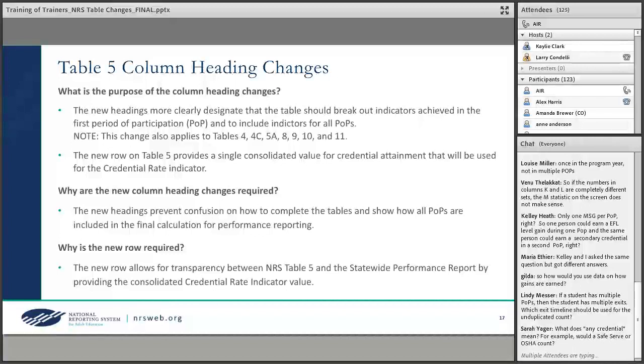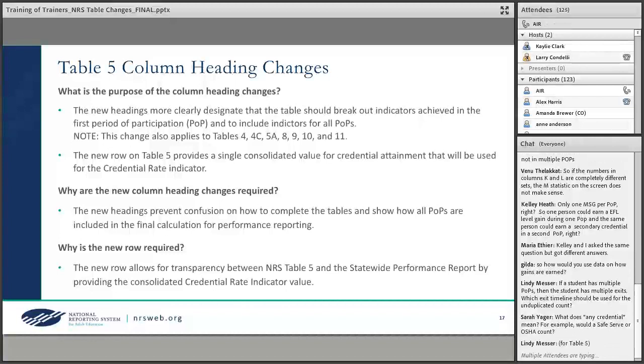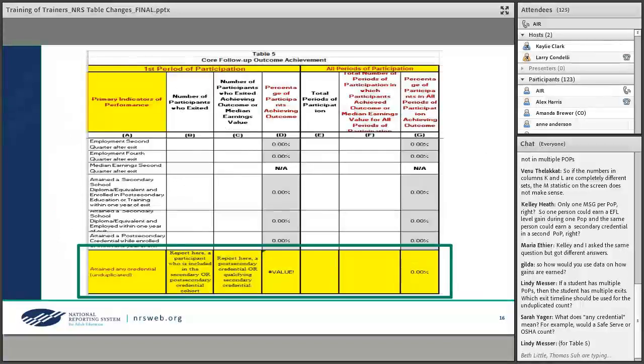Okay. Lindy asked, if a student has multiple POPs, then the student has multiple exits. Which exit timeline should be used for the unduplicated count? Well, the first enrollment is the first POP, and if there's an exit, of course a 90-day period is waited.